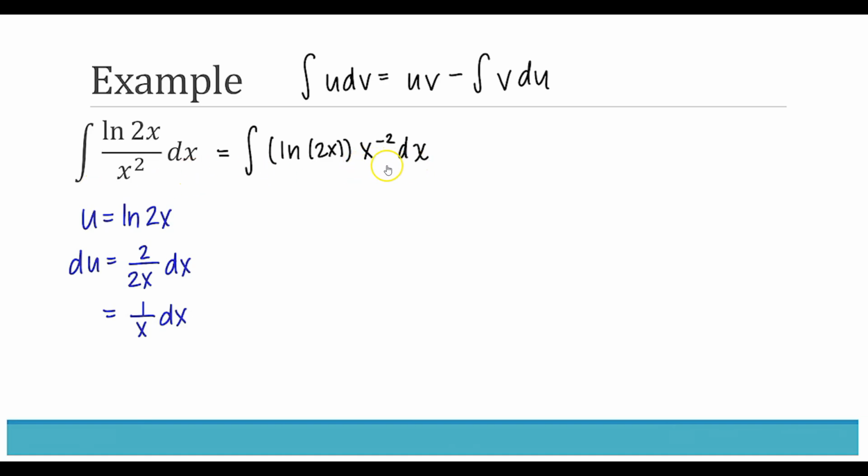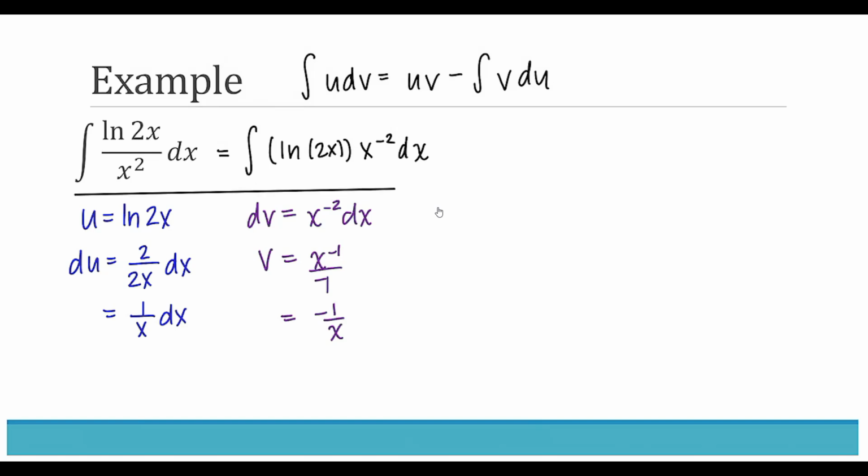So now I can see my dv is going to be x to the negative 2 dx. Integrating that to get v, I'd get x to the negative 1 over negative 1, or negative 1 over x. So this is all of my scratch work.